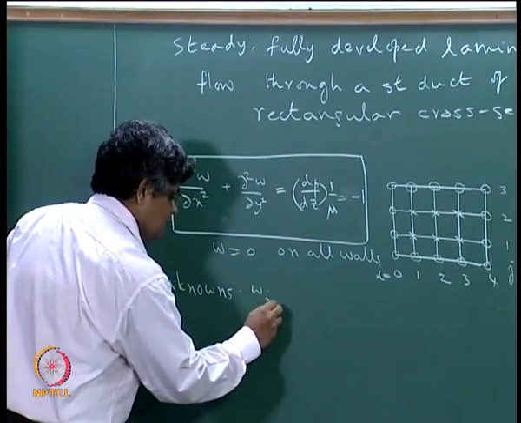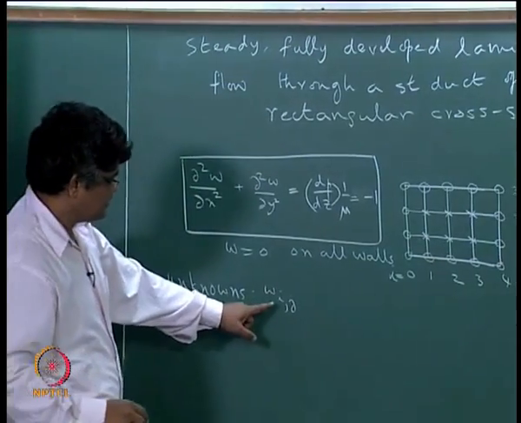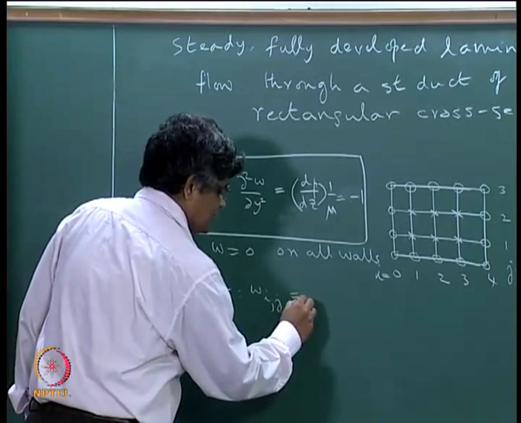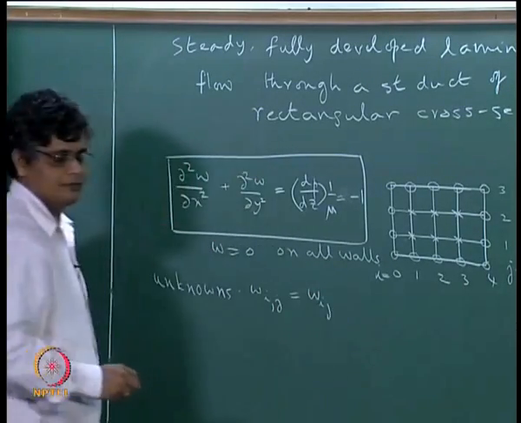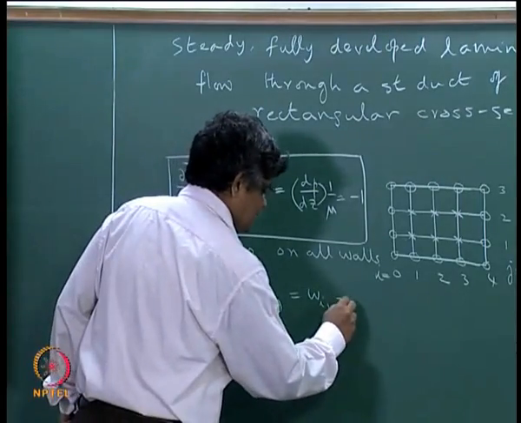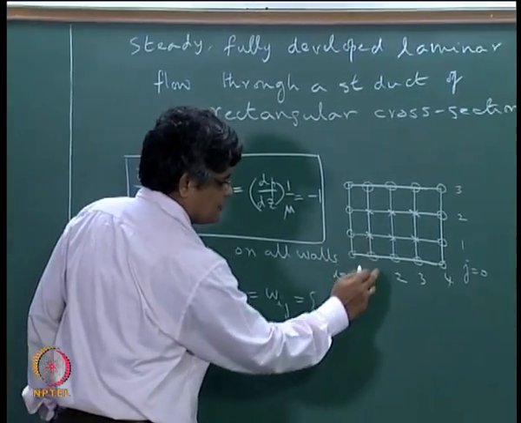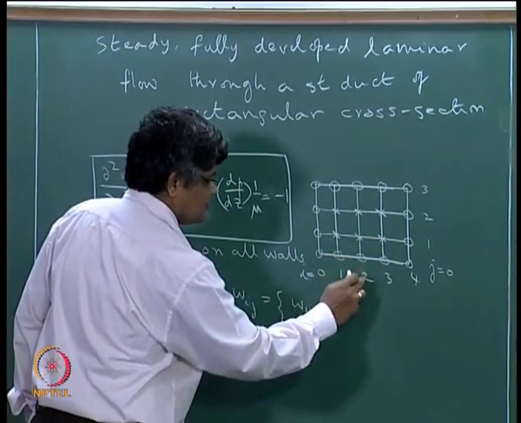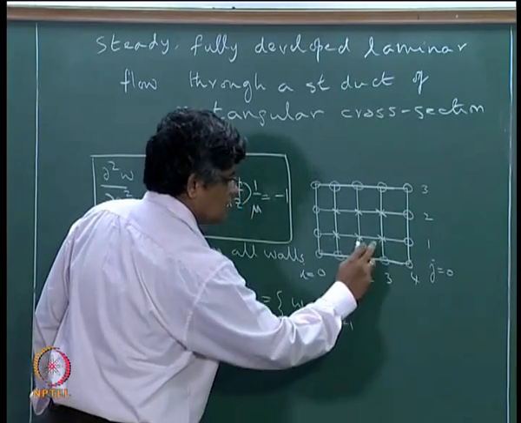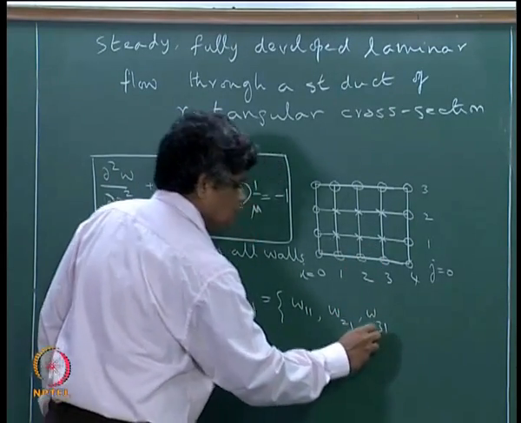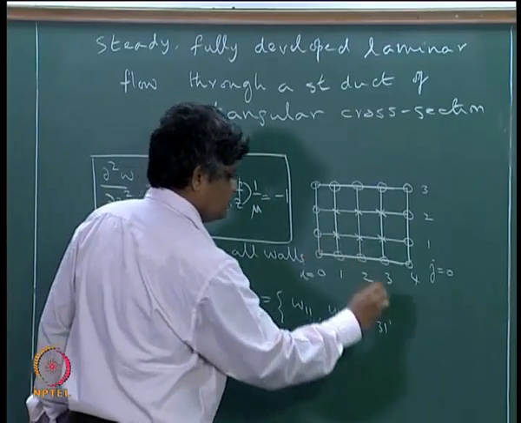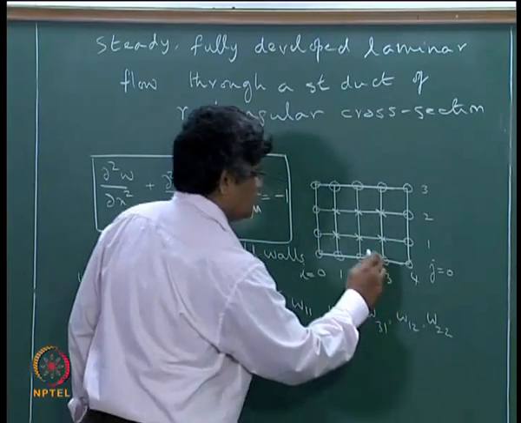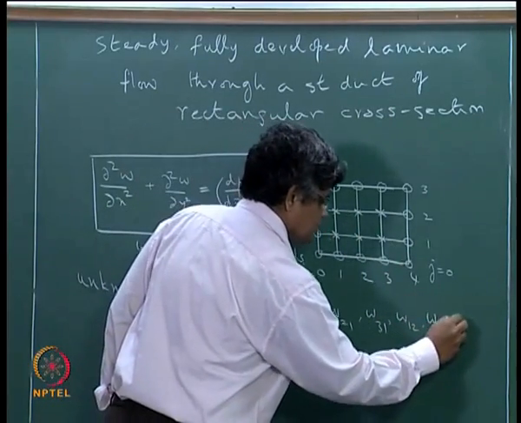So these are W(i,j), and since both i and j are single digits, we can write this as Wij, and specifically we are interested in this point, which becomes W11, this is W21, this is W31, this is W12, this is W22, and this is W32.